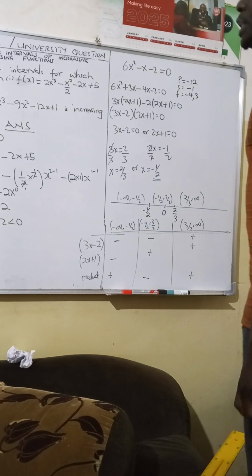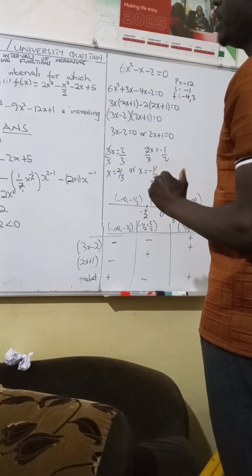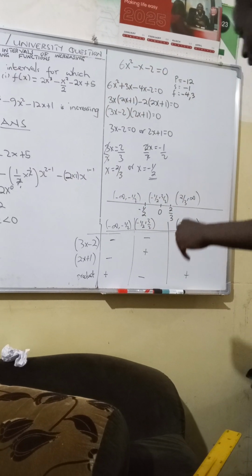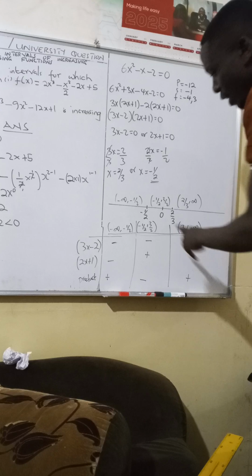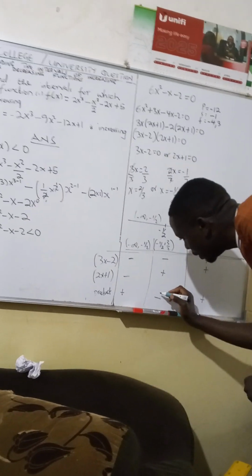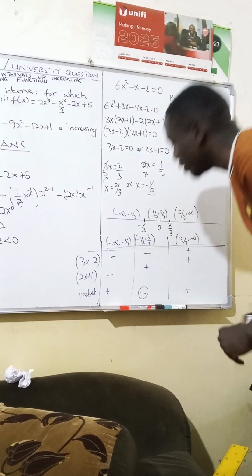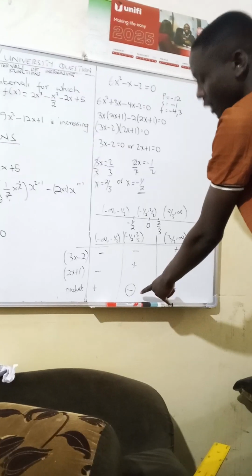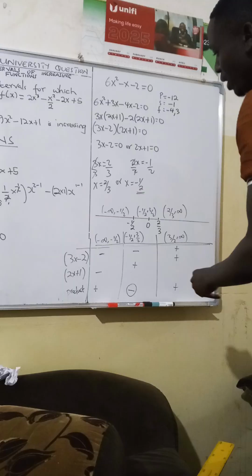So now the question says, find the range, the interval, for which the function is decreasing. So the function is decreasing where the product is negative.